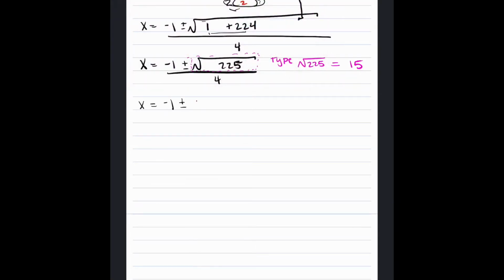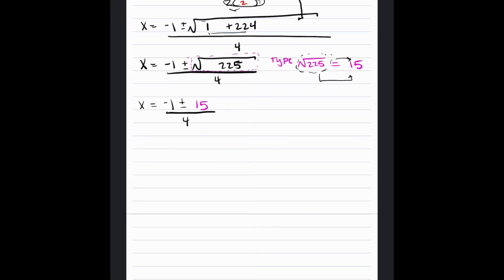So now it says negative 1 plus or minus 15 over 4. And notice there's no longer that square root symbol here. Once you get the answer, no square root symbol. Sometimes you might get a decimal, but if you get a decimal, I recommend you go back and check your work, make sure that everything is good, and then you can move forward.